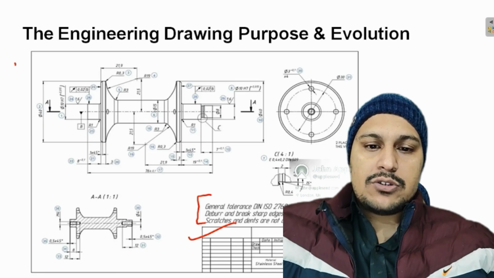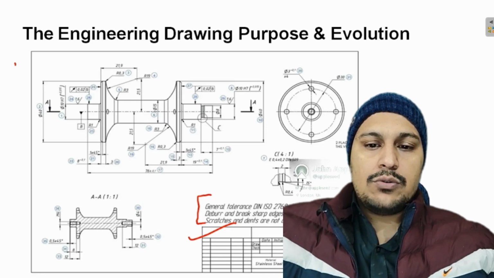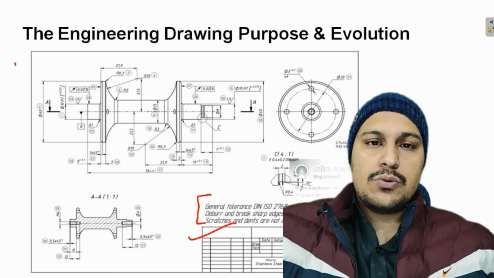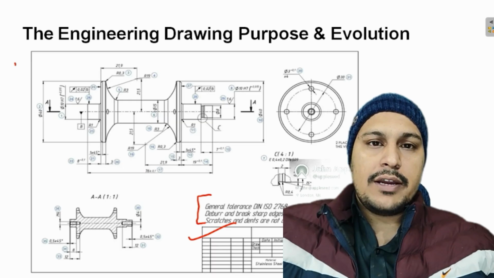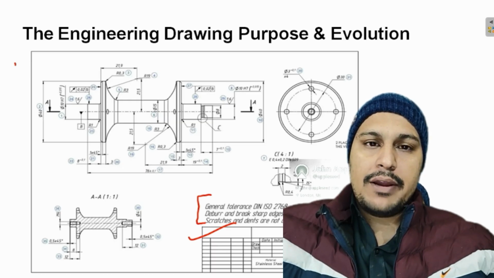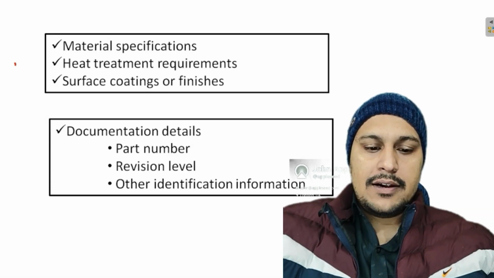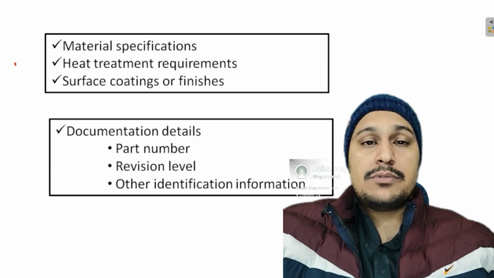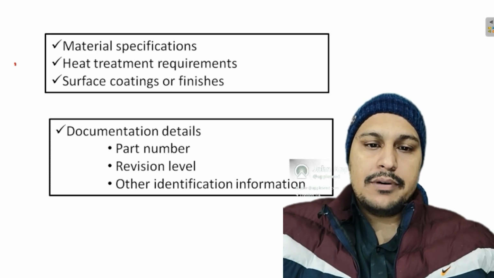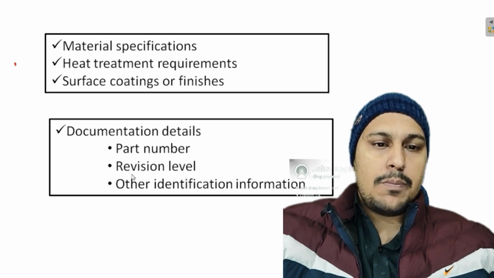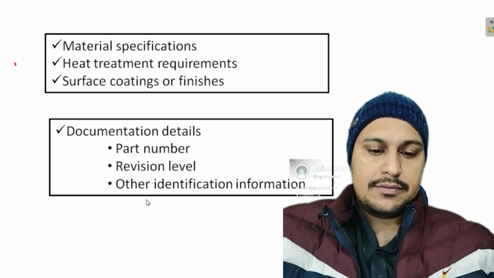Surface coating could be in the drawing notes, but the material is mostly specified in the title block of the drawing. Apart from it, surface coating is also mentioned either in the title block or in the notes. And finally, it also has documentation details such as part numbers, revision level, and other identification information, which are also part of the title block of the drawing.